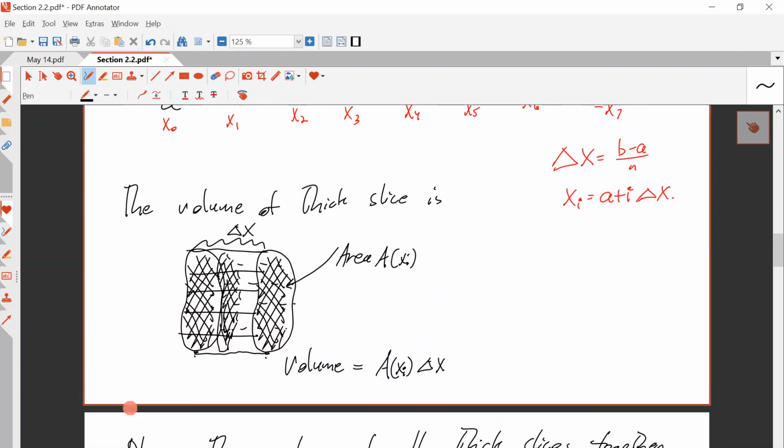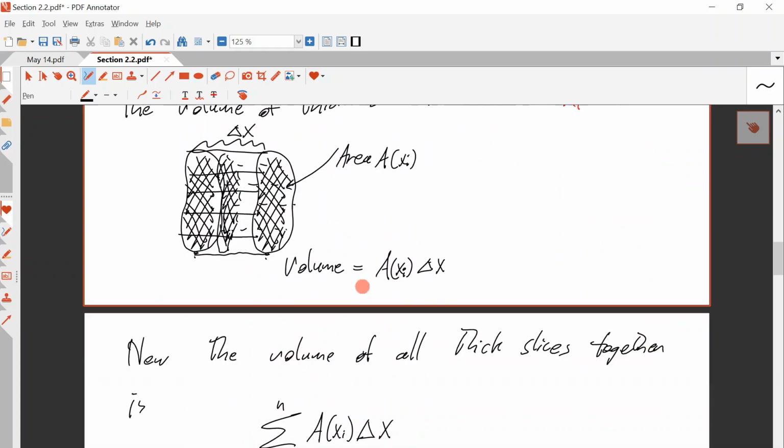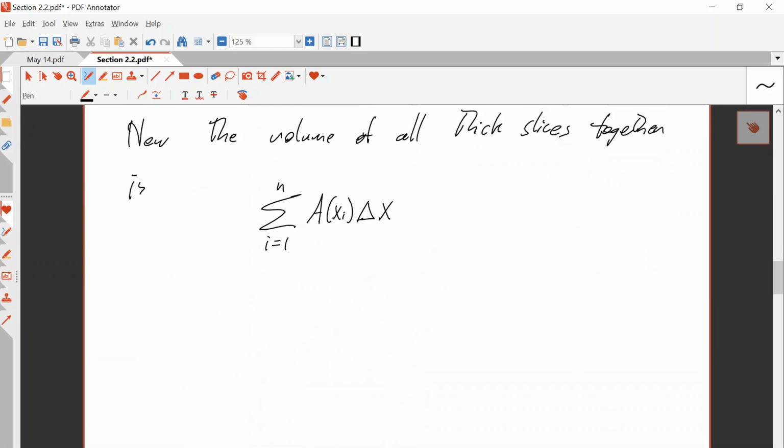The more thick slices you have, the better the estimate of the volume, right? These blue thick slices estimate the volume of the black solid, and the thinner and more numerous those slices become, the better the estimate gets. Therefore, the actual volume is the limit, as n goes to infinity, of this Riemann sum.